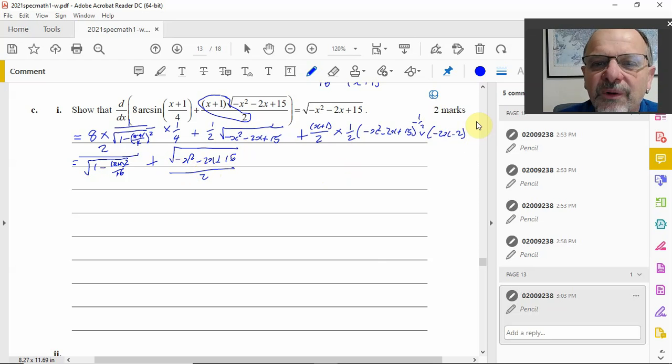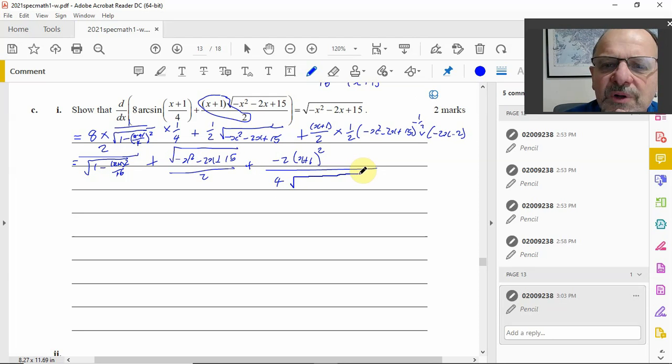Over here with all of this business, I can take minus 2 out as a common factor, x plus 1 in this one. Then I've got that x plus 1 as well, so that'll be squared over 2 times 2, which is 4, and because that's a negative power, that comes on the bottom. 2 goes into itself once and into 4 twice.